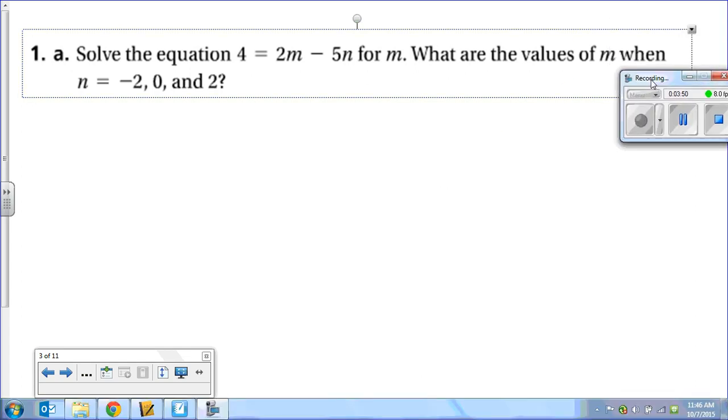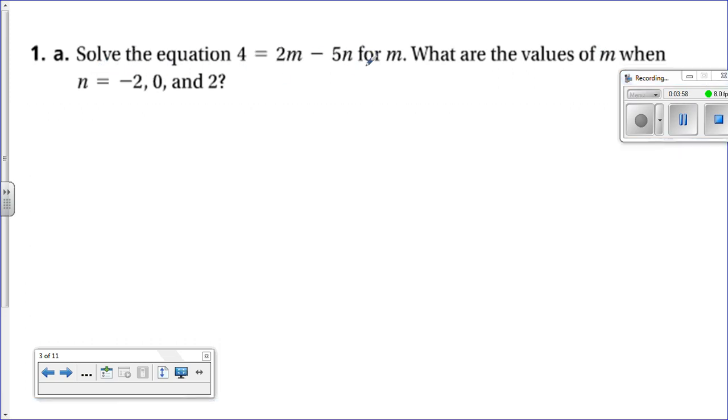So again, same type of thing. What are the values of m when n equals -2, 0, and 2? So we want to solve the equation for m. So we want to get m all by itself. So the first thing we're going to do is add 5n to both sides. Those cancel. We are left with 4 plus 5n equals 2m.